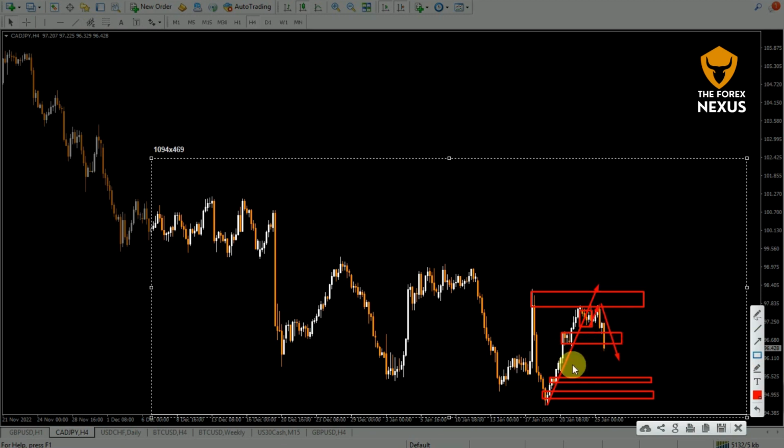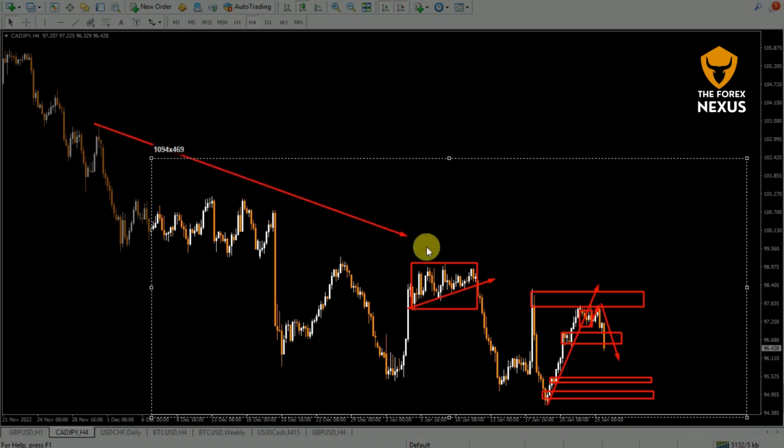So before pointing out a setup, we need a trend breakout. Here we also got a trend breakout. There are some types of trend line: inner trend line and outer trend line, I mean the major trend line. The market needs to break the major trend line as well.